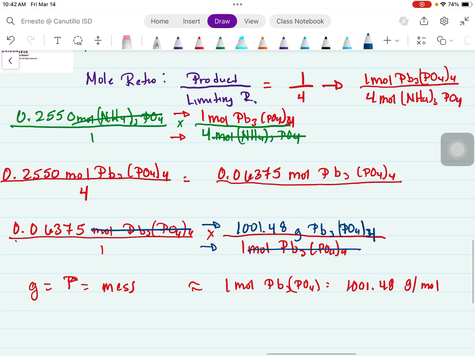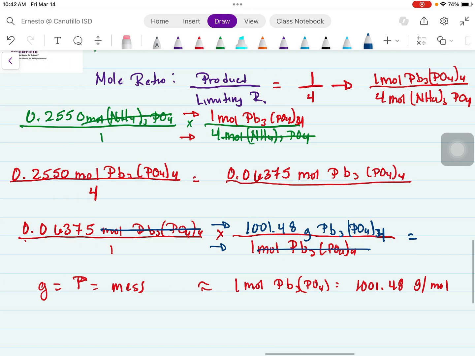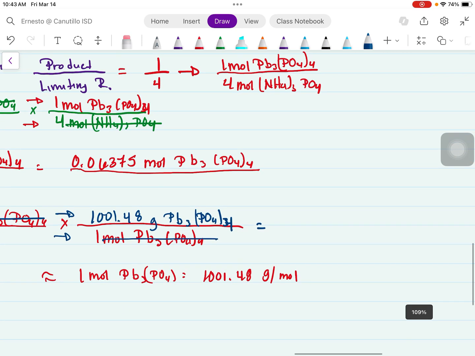Okay, so multiply straight across: 1001.48 times 0.06375 gives me 63.844 grams of lead 4 phosphate.